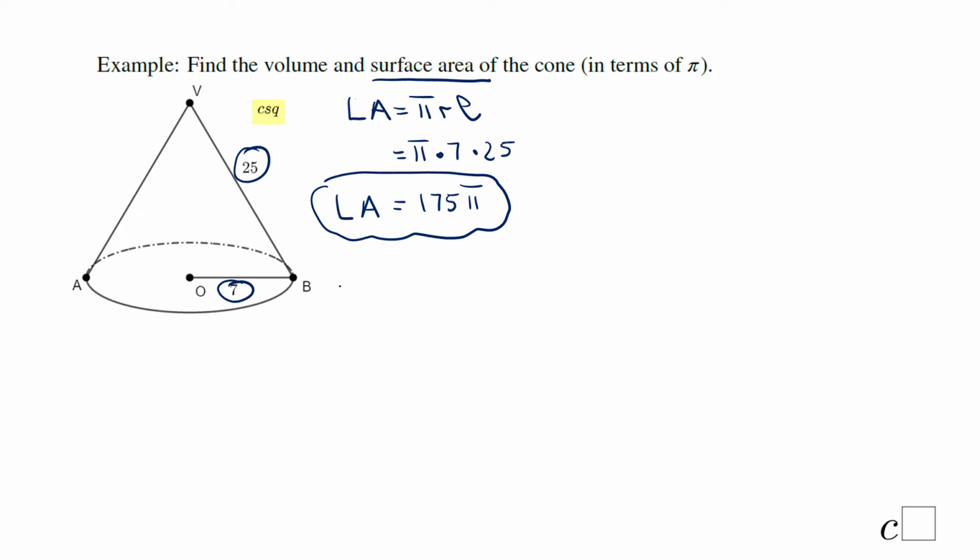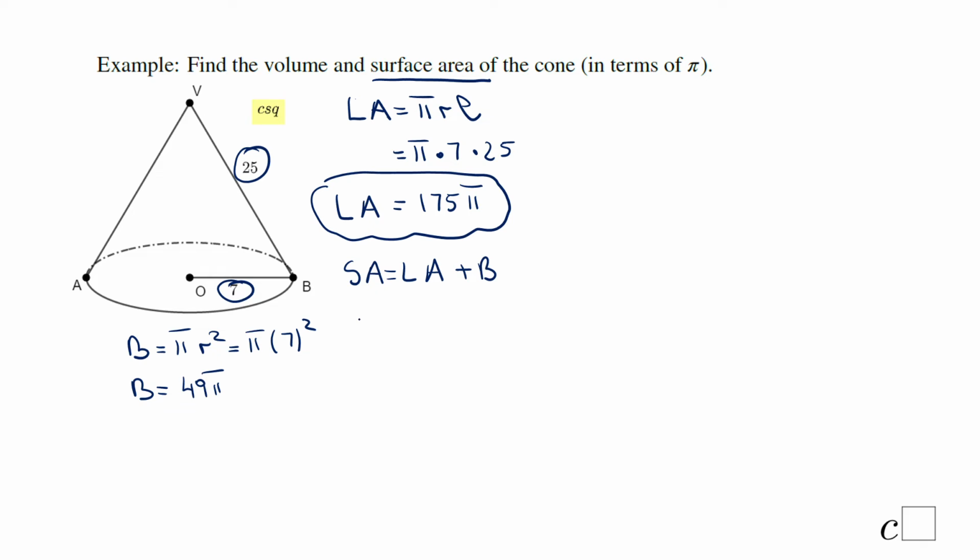And for the surface area, we're going to have to do the lateral area plus 1 base. So the base, like I said, is a circle, so we have pi r squared, and the radius is 7 if you remember. So this area will be 49 pi.